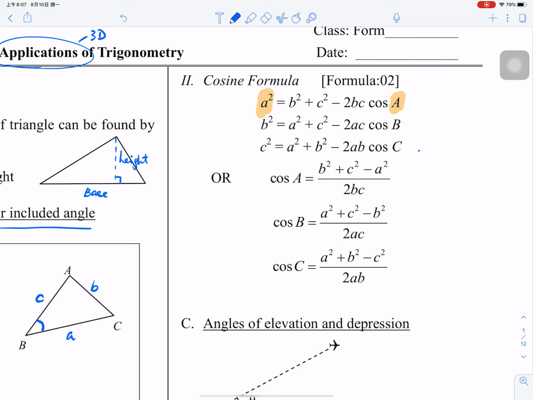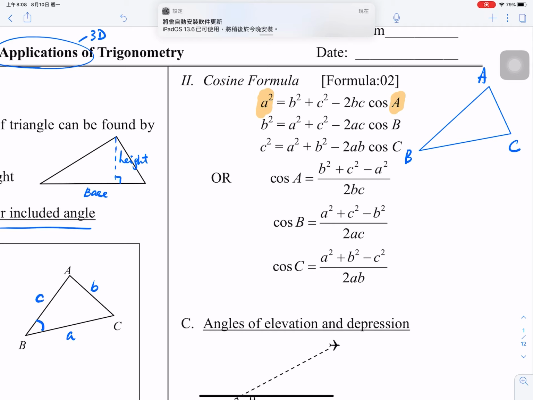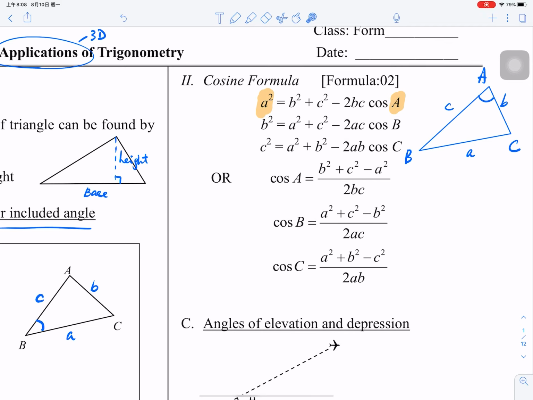If you keep this one a, then cosine A. For example, I draw a triangle here. A, B, and C. Here are side a, side b, and side c. If you have this angle, then we use cosine A. So a squared equals b squared plus c squared minus 2bc cosine A. That means like this.